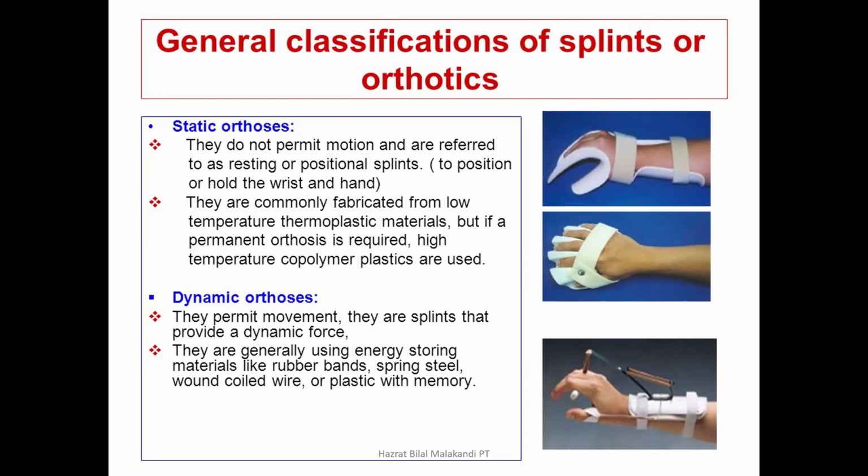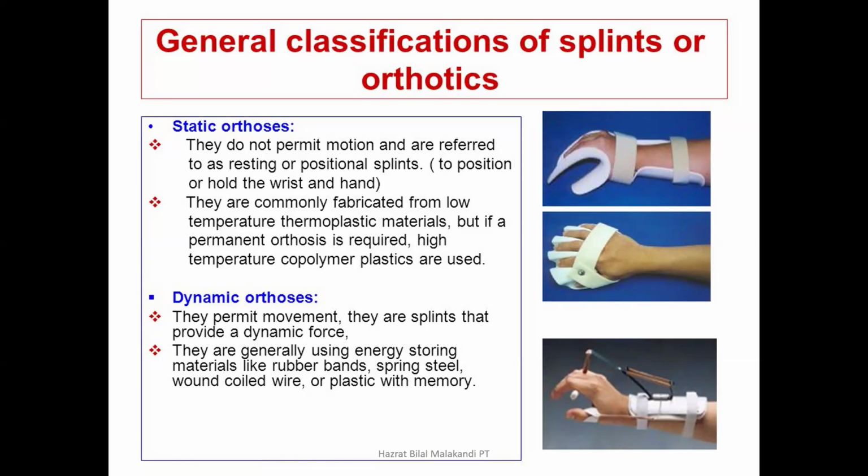In the dynamic orthosis, there is some availability of range of motion. They permit movement. These are splints that provide a dynamic force. They generally use energy storing material like rubber, spring, rubber band, spring steel, wound coiled wire, or plastic with memory. It means there is some elasticity and they can help to permit some movement.